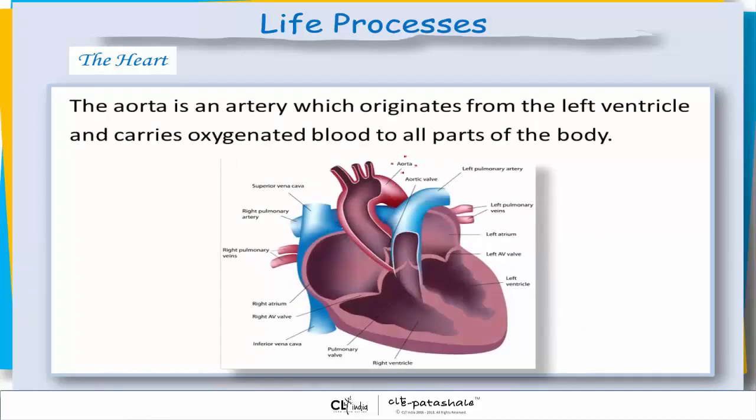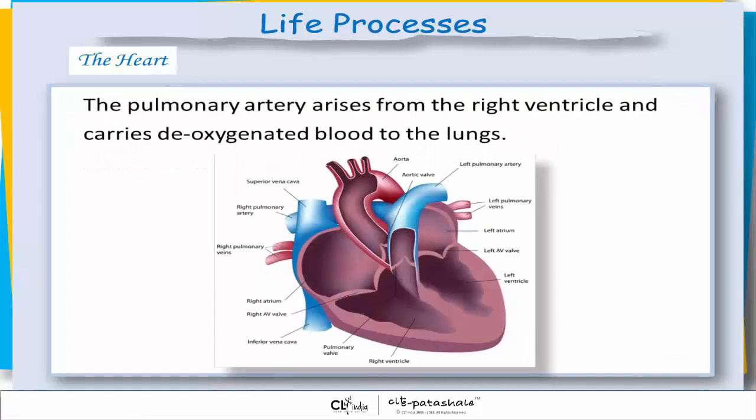The aorta is an artery which originates from the left ventricle and carries oxygenated blood to all parts of the body. The pulmonary artery arises from the right ventricle and carries deoxygenated blood to the lungs.